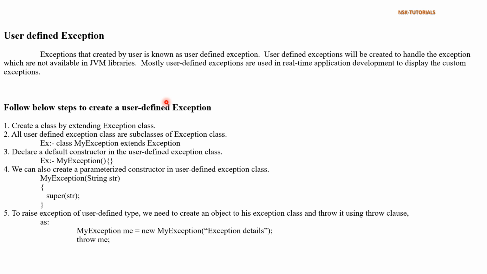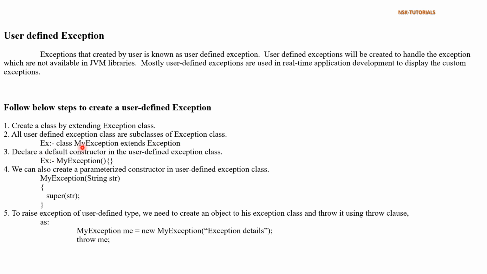If we want to make our class a compile-time exception, then we need to extend the class as Exception. All user-defined exception classes are subclasses of the Exception class. If you see the below example, class MyException is my class and I am extending it with the Exception class.